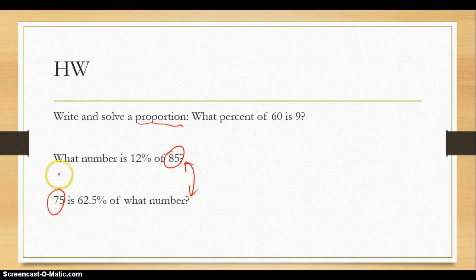Or, I'm sorry, not the whole number. Disregard that, it's the part. So 75 is the part. Think about what this number should be if 75 is the part, and it's 62.5. So create equations for B and C and a proportion in A.